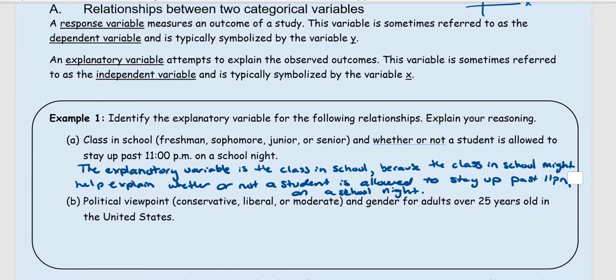Okay, so example B, political viewpoint, whether you're conservative, liberal, or moderate, and gender for adults over the age of 25 years old in the United States. Now, this one's a little bit different. The explanatory variable here would be gender. Think for a second of why that might be true.